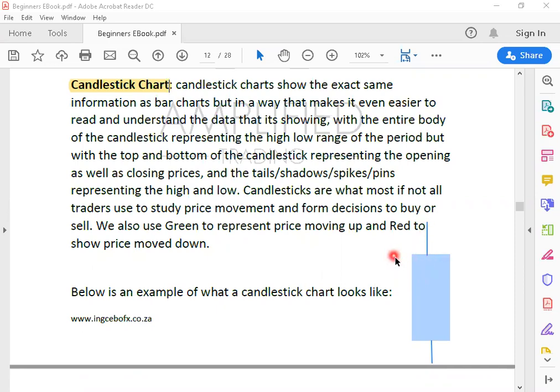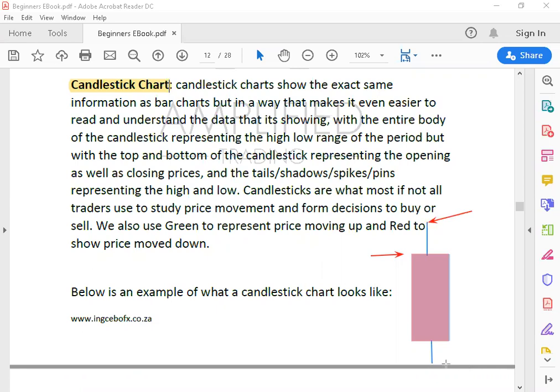Depending on the color of the actual candlestick and how you've customized your chart, let's say it is red. Let's just go over this with a red. A red typically will mean that a candle opened here, so this is the open price, and that is the highest point.